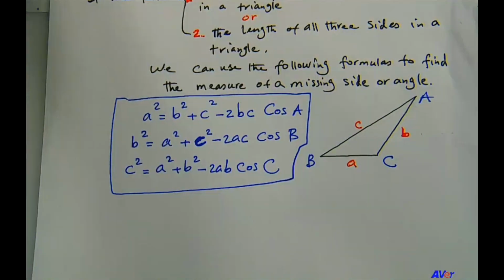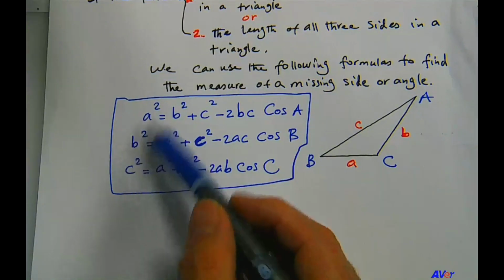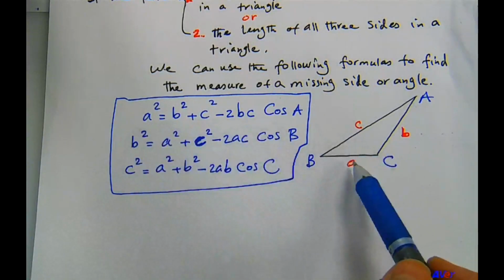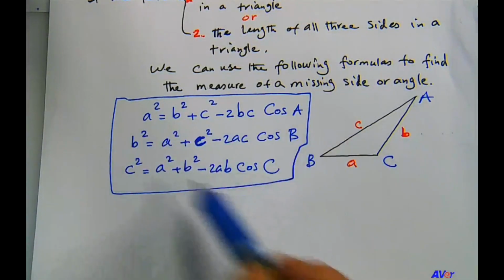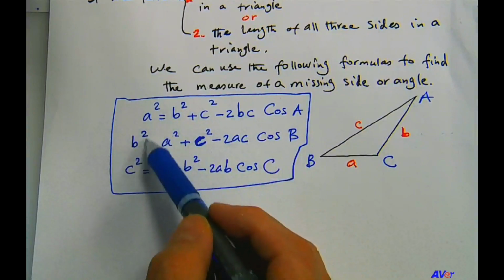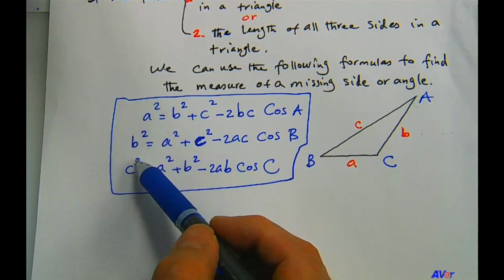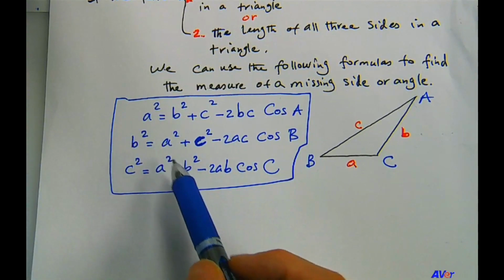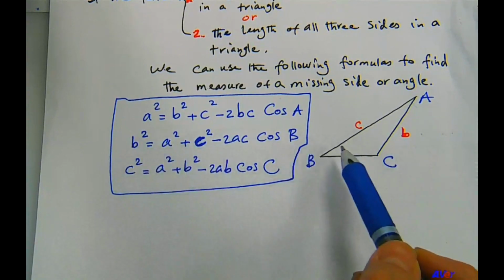So these three formulas for the law of cosines are pretty easy to remember. It's just that on the left we have the measure of each side, a squared, b squared, c squared, and of course, once we get this quantity, we'll take the square root of it, and we accept the positive answer for the length of that side.